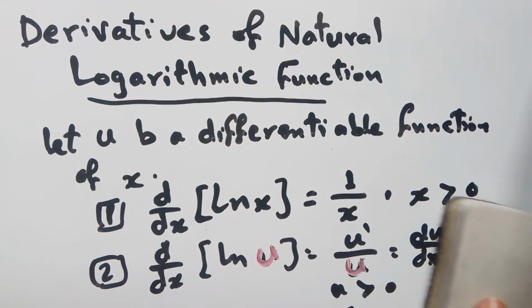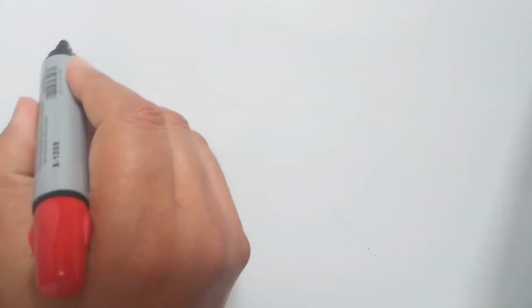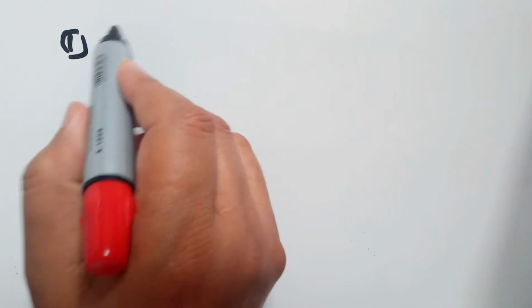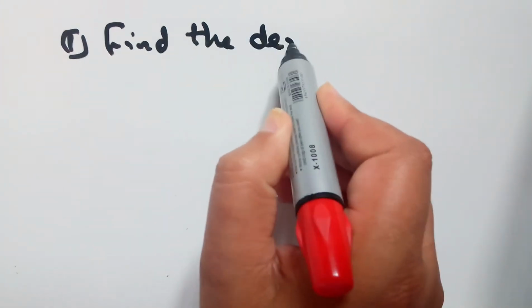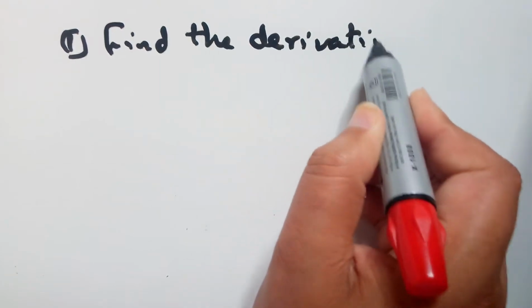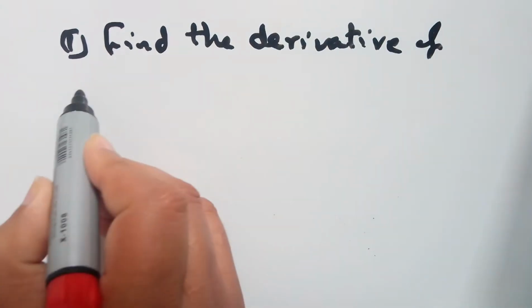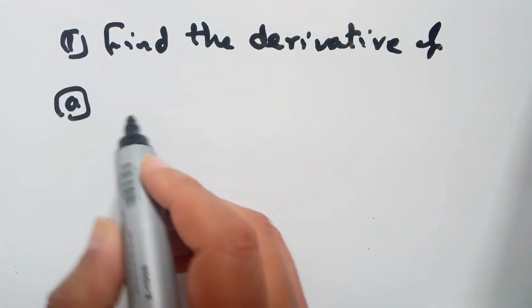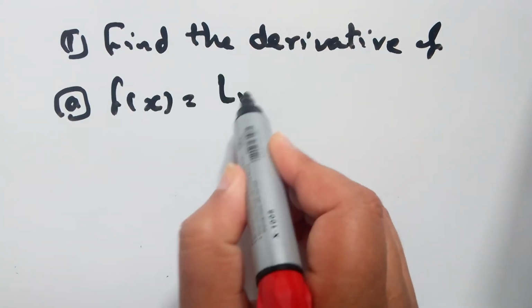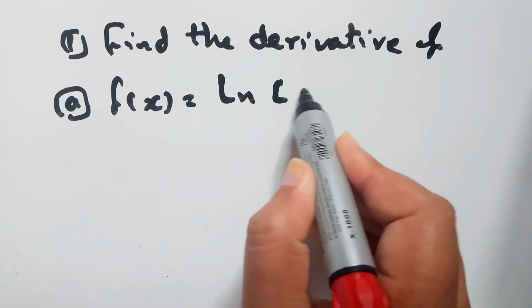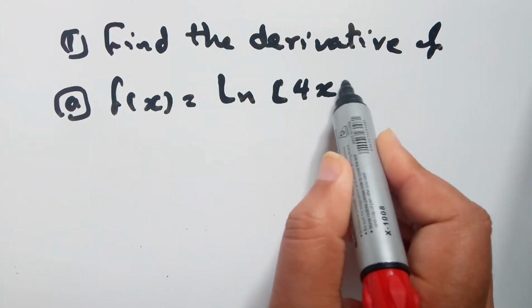Number 1. Find the derivative of letter A, f of x equal ln 4x.